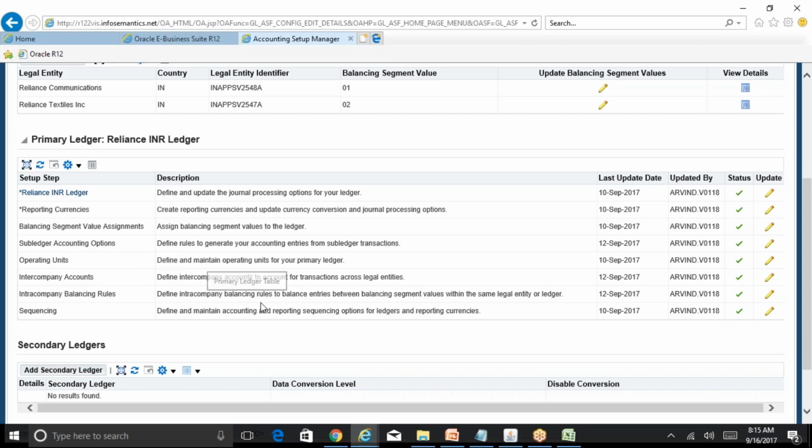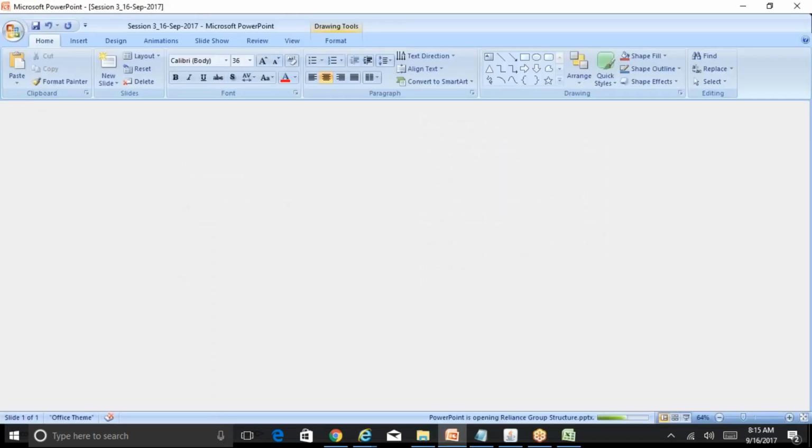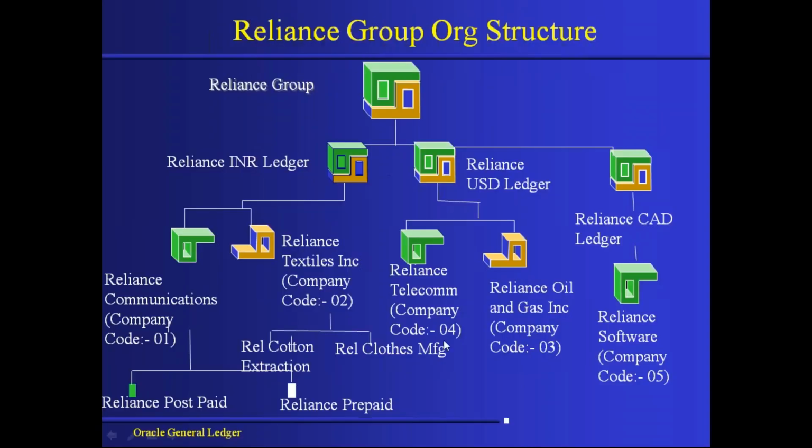And intra-company rules come into picture when there is a journal between balancing segments within the same legal entity or within the same ledger. So how does it work? Let me go back to our Reliance group structure. If there is a journal entry between 01 and 02, then it is called an intercompany.